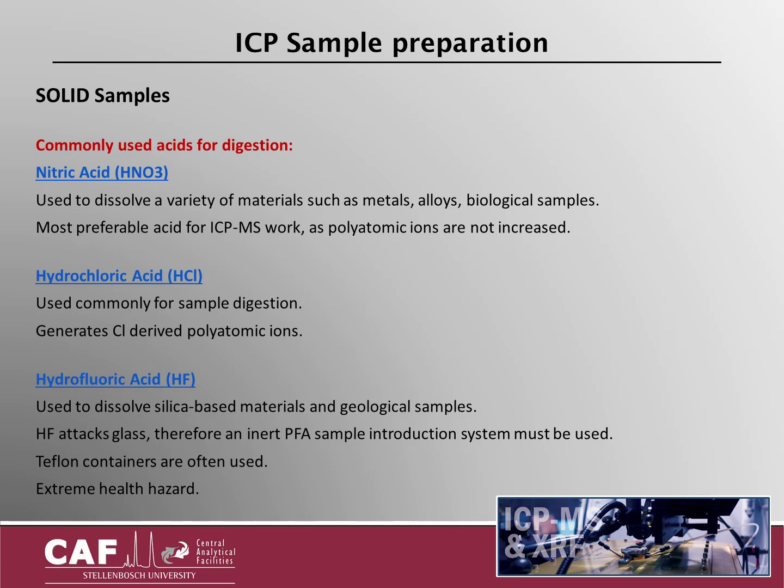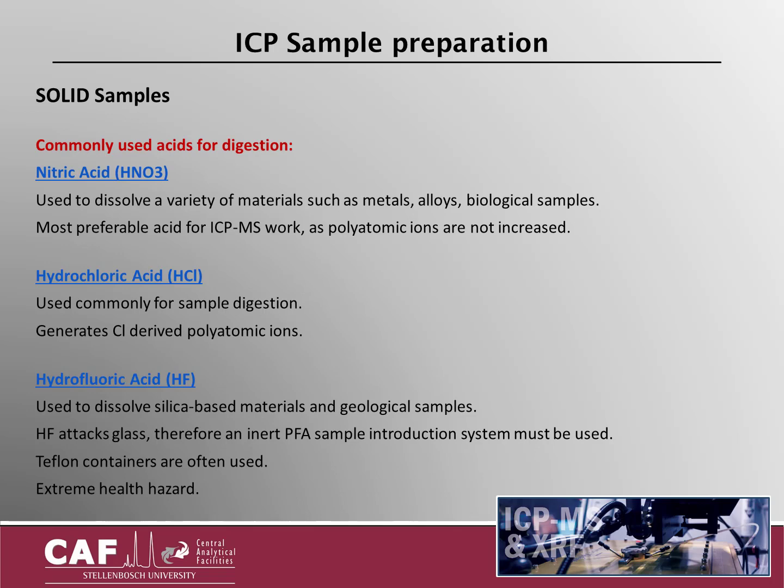So the most often used acids are nitric acid and hydrochloric acid. Nitric acid is used for most materials, metals, alloys, biological samples. It's most preferable for ICP-MS work as it does not introduce any interferences into the measurement.